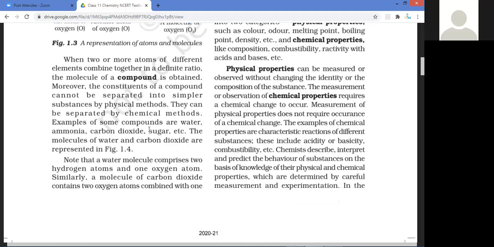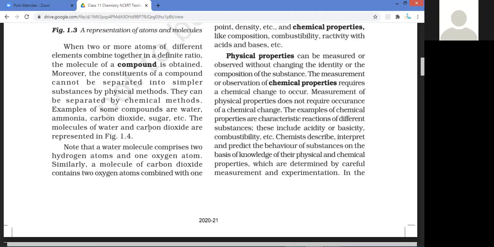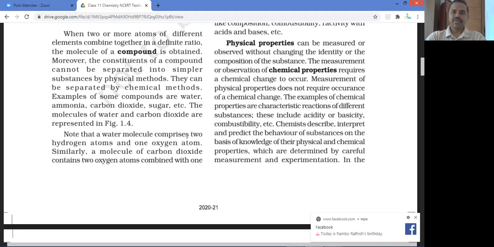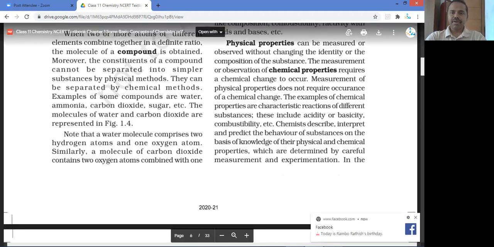That's how we determine its acidity and basicity, also its combustibility. Combustibility is the temperature at which it changes its form and becomes combustible. Chemists describe, interpret, and predict the behavior of substances on the basis of knowledge of the physical and chemical properties, which are determined by careful measurement and experimentation.